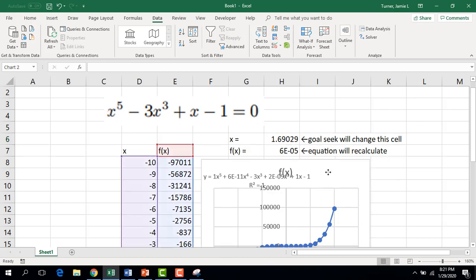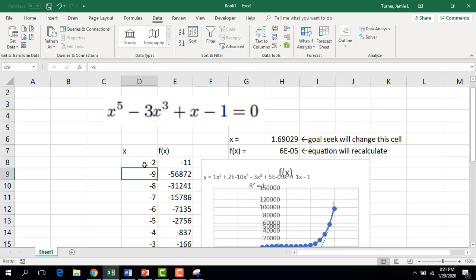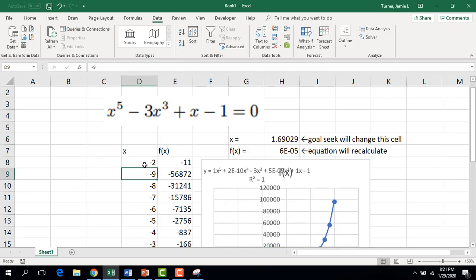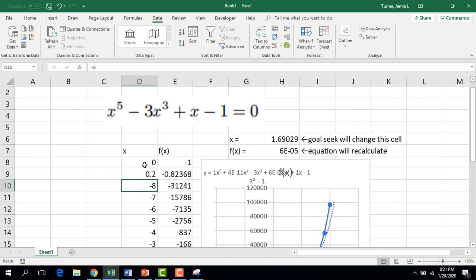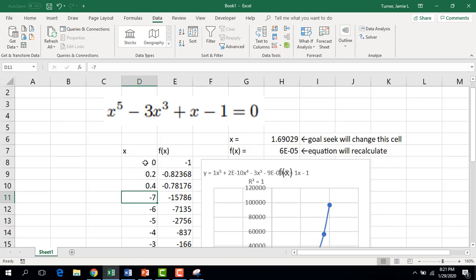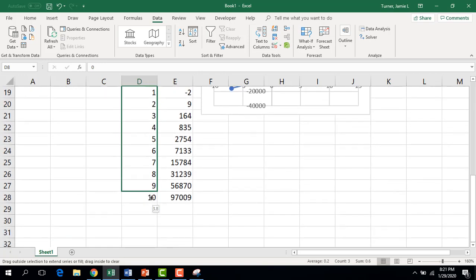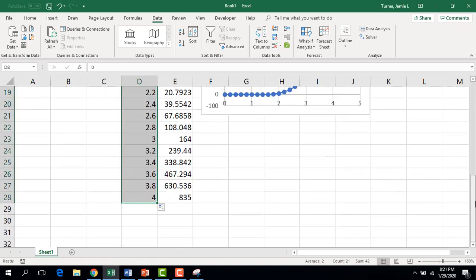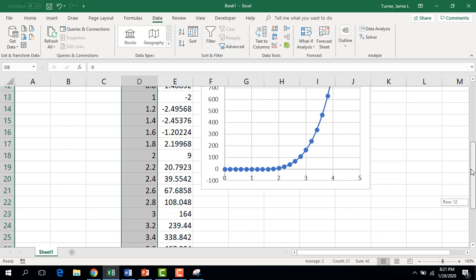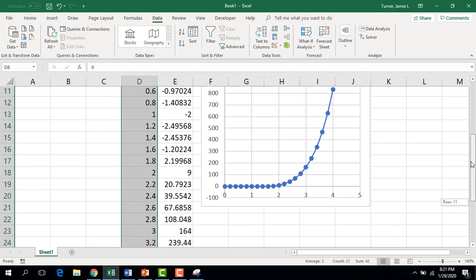So then if I were to redo my range here, so maybe -2. Yeah, let's start it at 0. So we'll just change the range from our graph here so that we can kind of zoom in on that answer a little bit more.